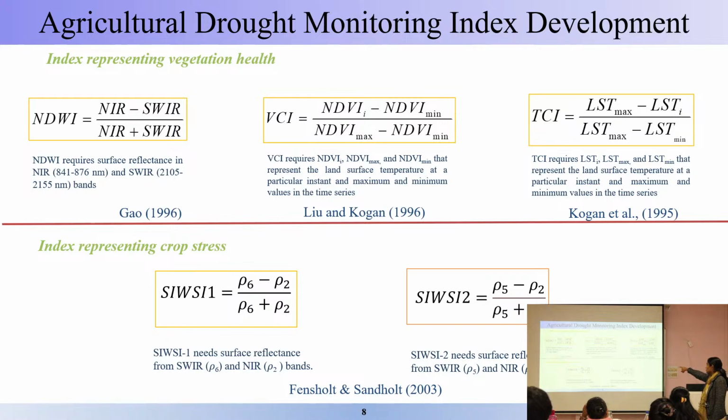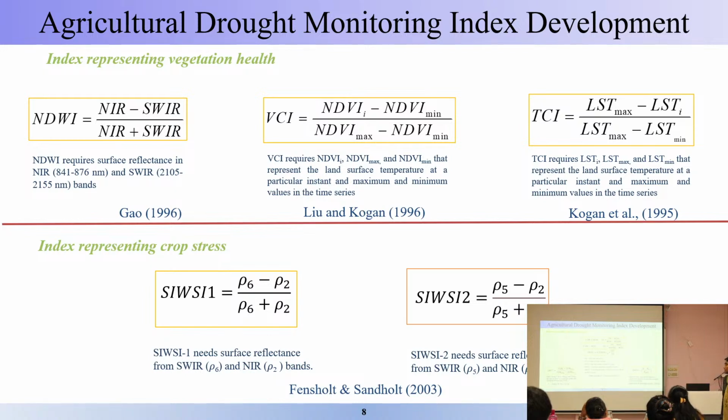Similarly, rho 5 means SWIR, another wavelength range. So like that, these addition and subtraction, we have seen in NDVI some similar equation, right? So similarly, they have used another equation for SIWSI. So these are the popular indices good for representing crop water stress as per previous literature.